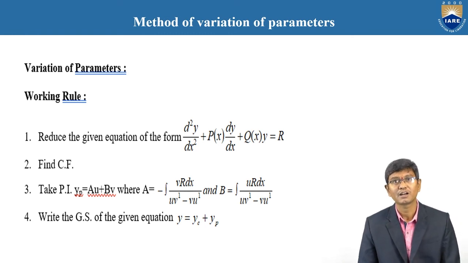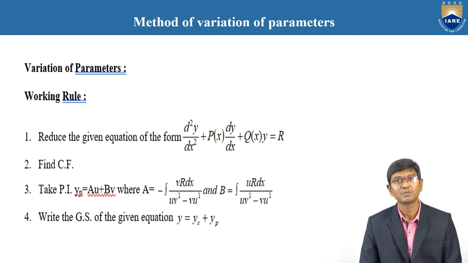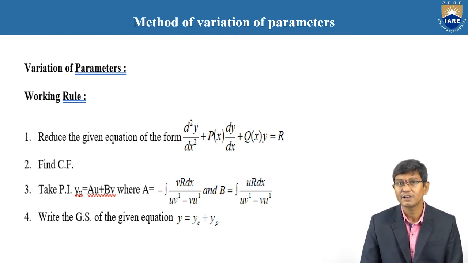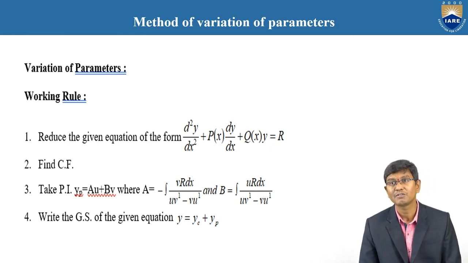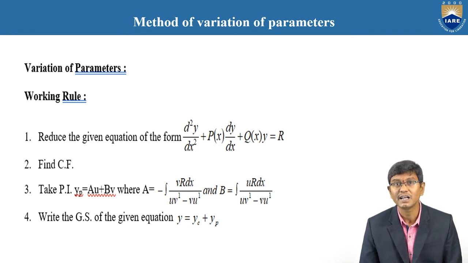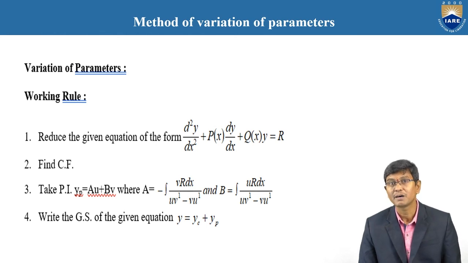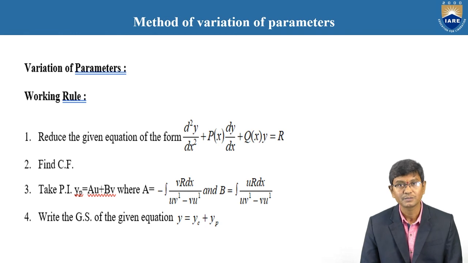We need to find out the complementary function, that you assume as c1 u plus c2 v, and take yp, that is a u plus b v, where a is equal to the negative of the integral of v r by (u v dash minus u dash v) dx, and b is equal to the integral of u r by (u v dash minus u dash v) dx. Here W, that is u v dash minus u dash v, is also called the Wronskian value, the denominator value, that is W is equal to the 2 by 2 determinant u v dash minus u dash v.